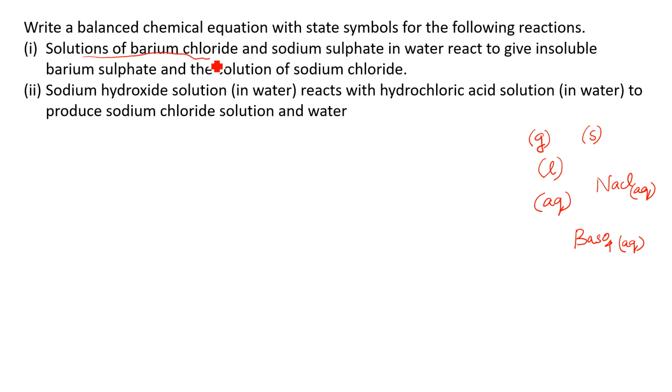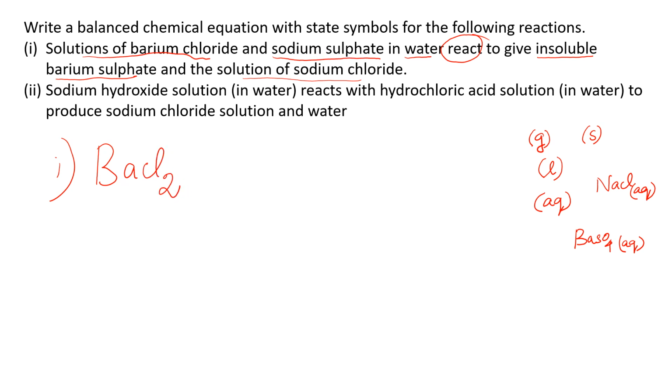Say solutions of barium chloride and sodium sulfate in water react to give insoluble barium sulfate and solution of sodium chloride. So barium chloride and sodium sulfate solutions are reacting. First one is barium chloride, BaCl2.